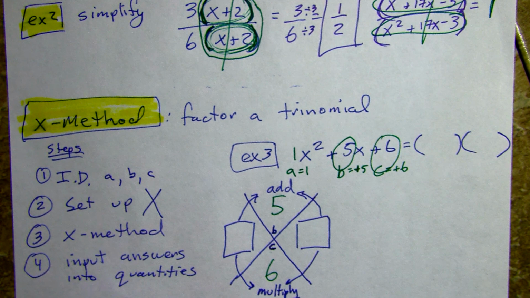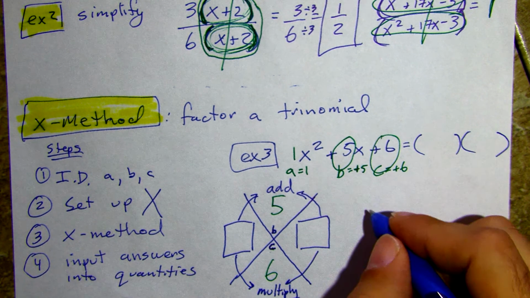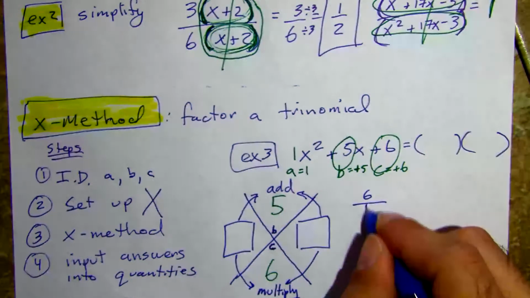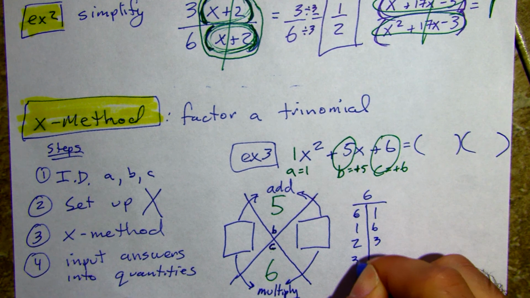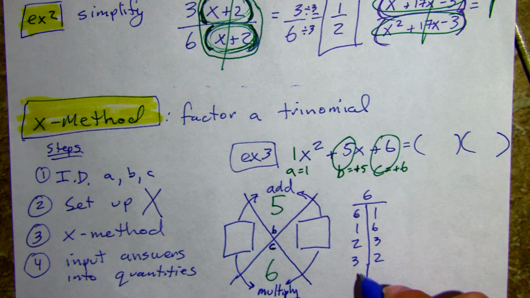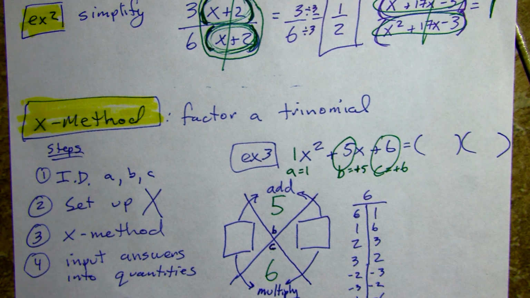Don't do all these every time. You probably won't have to make such an extensive list like that every time because you're going to see the answer quicker, okay? But if you can't figure out what the multiply part is, how to get 6, you can just put all of the factors of 6: 6 times 1, 1 times 6, 2 times 3, 3 times 2.